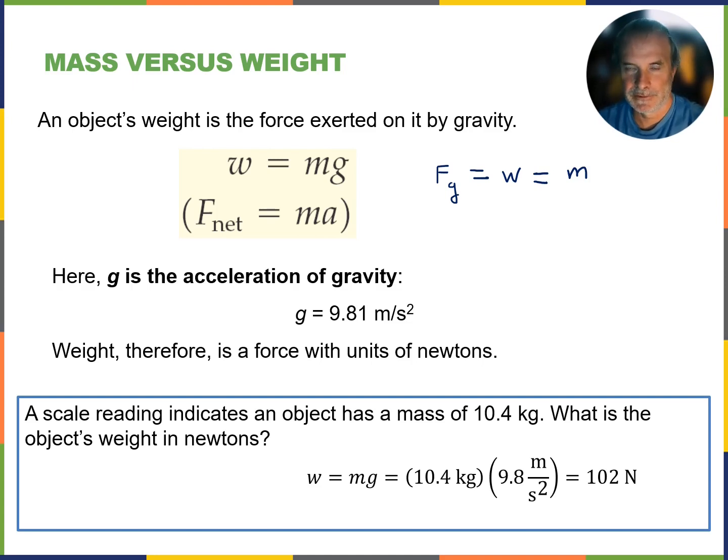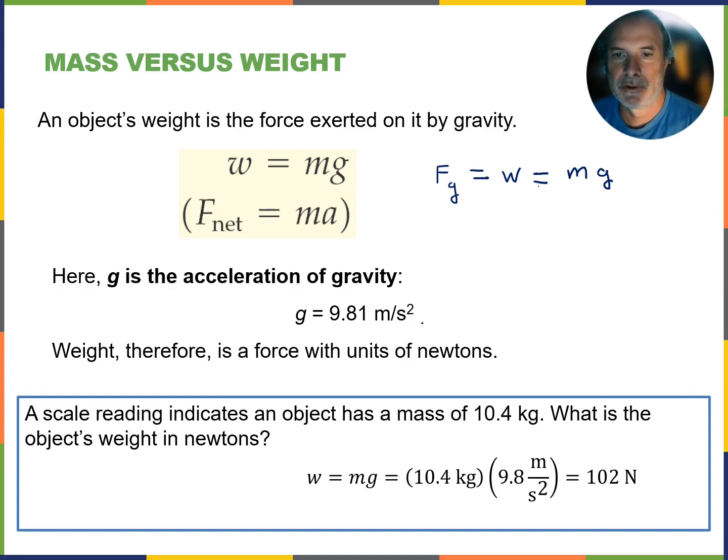Here, since the object is free falling, the net force on the object is the object's weight, and we know from our experiments with free falling and projectile motion that the acceleration the mass experiences is the acceleration due to gravity, which is g, where g is 9.8. So technically the weight of the object is the force exerted on the object by gravity.